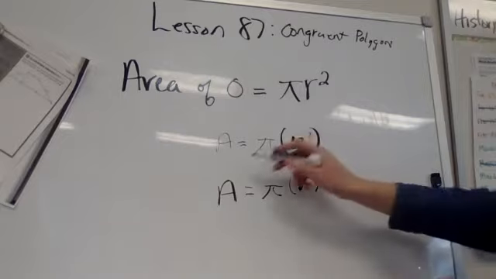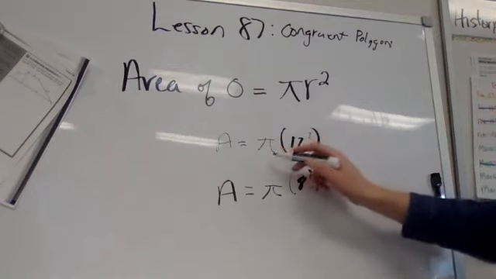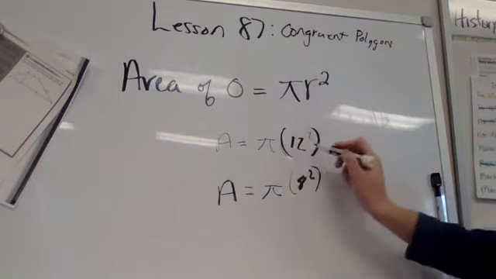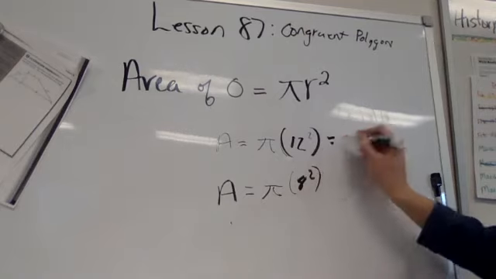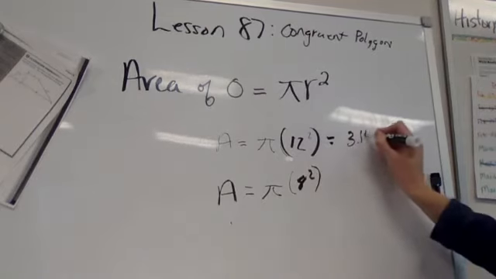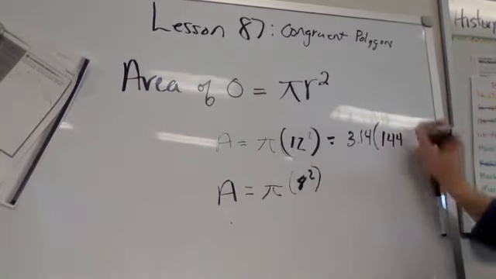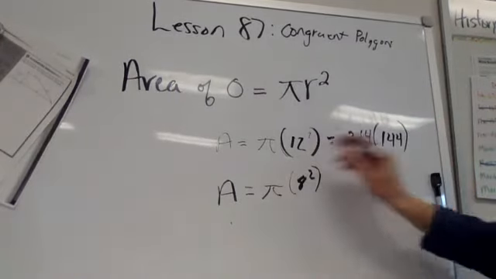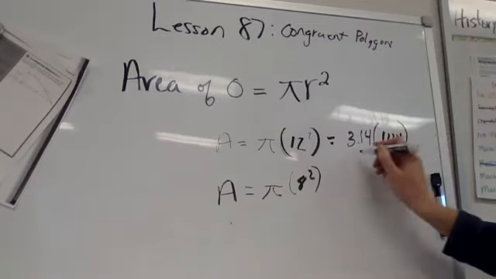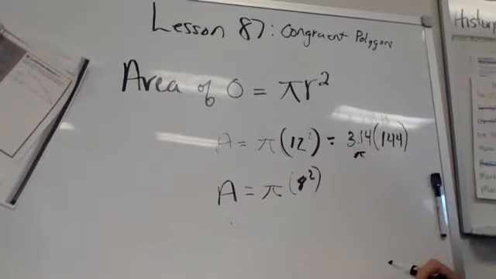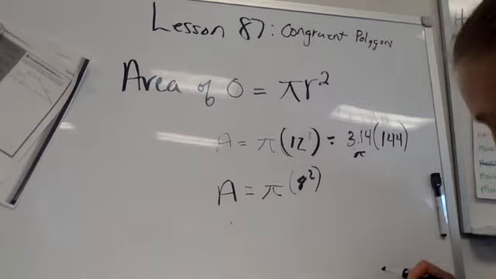Again, we'll do this big one together. So I have 12 squared equals 3.14 is my pi times 144. It's 12 squared, 12 times 12 is 144. Pi, again, they said they wanted you to actually solve that. So 3.14 times 144 is, oh, they subtracted it first. That makes sense.